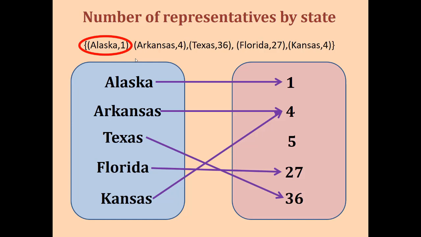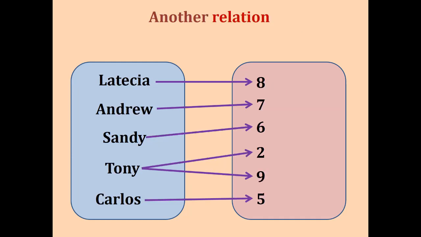The state Alaska gives an answer of 1, and that's the number of representatives of that state. And you can see the same thing is true. Each one of these is a state with a number that goes along with that state that describes the number of representatives.